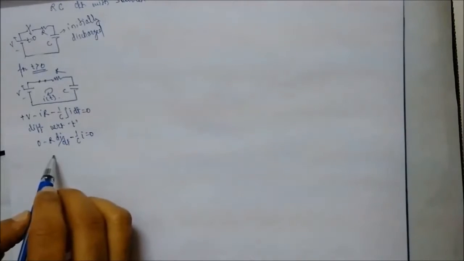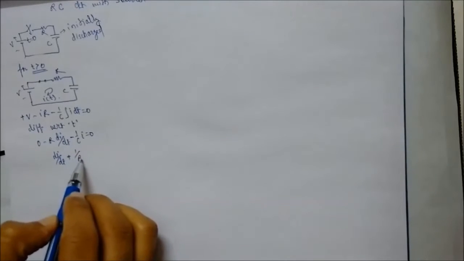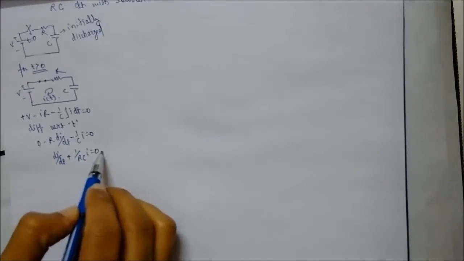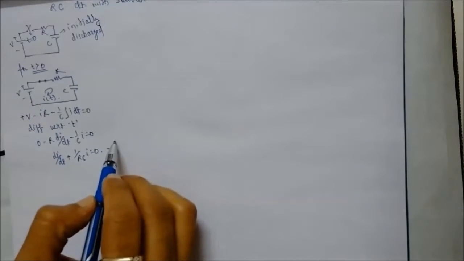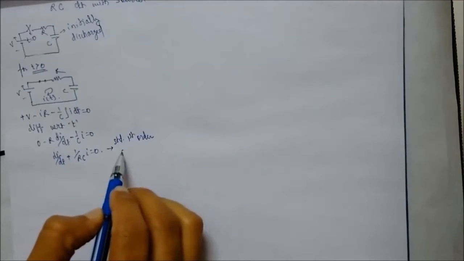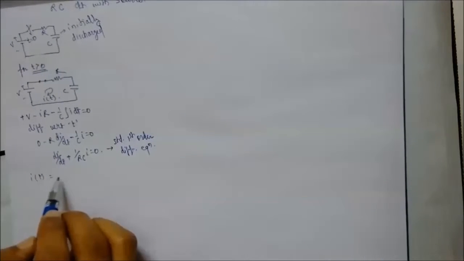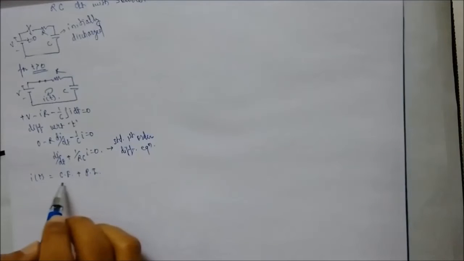Rearranging, we get di by dt plus 1 by RC i is equal to 0. This is nothing but a standard first order differential equation. Now its solution is given as i equal to complementary function plus particular integral.